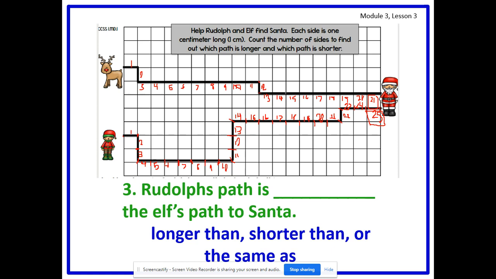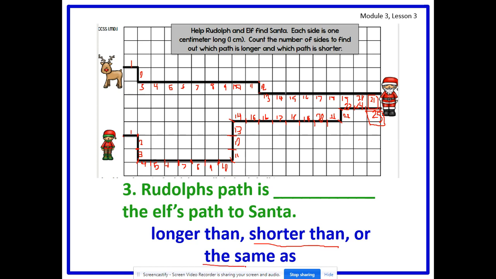Rudolph's path is blank than the elf's path to Santa. So these are your options. You don't need to write the sentence. All you need to do is write your answer on your whiteboard. You can write Rudolph's path is longer than, shorter than, or the same as. These are your three options. So I'm going to give you a minute so that you can go ahead and write in your answer.